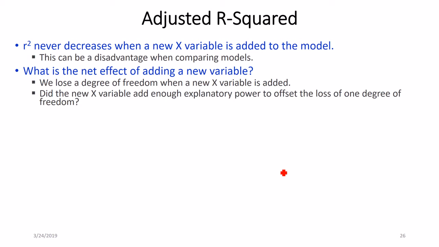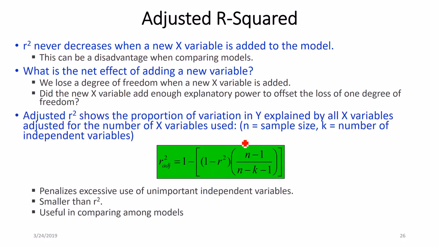However, R-squared never decreases, and this is a disadvantage. Here we come up with another measure called adjusted R-squared, which is adjusted by the number of variables. Adjusted R-squared is smaller than R-squared and is useful in comparing between models.